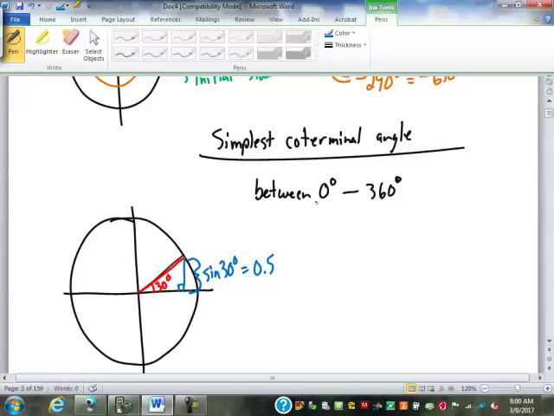That is not the only angle on this circle that has a sine of 0.5. If I come over here, this point of the circle also has a sine of 0.5, doesn't it?